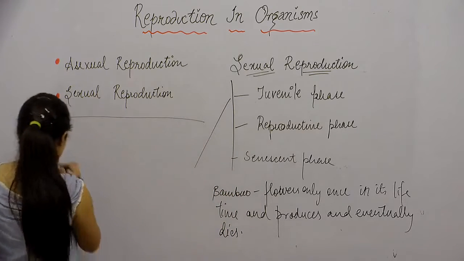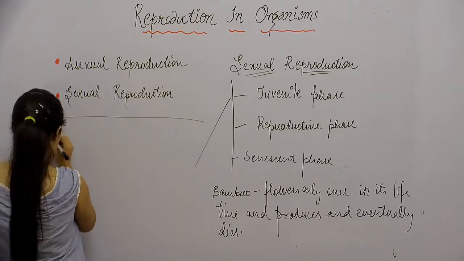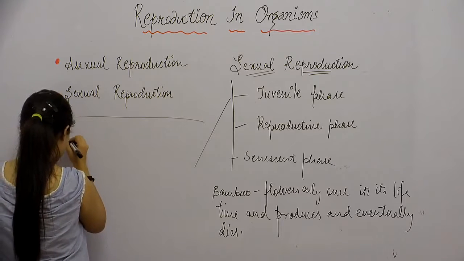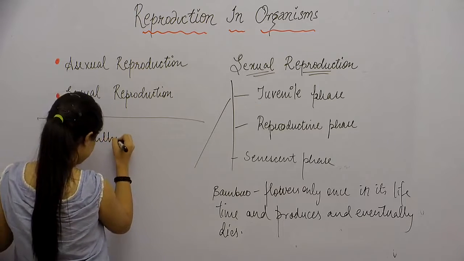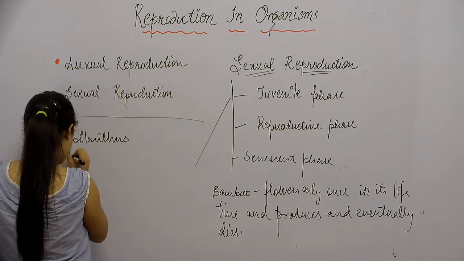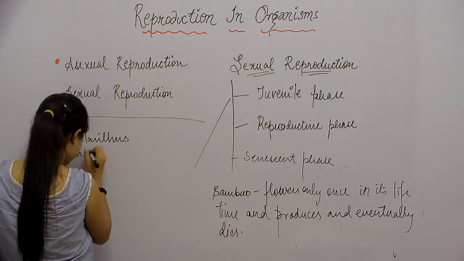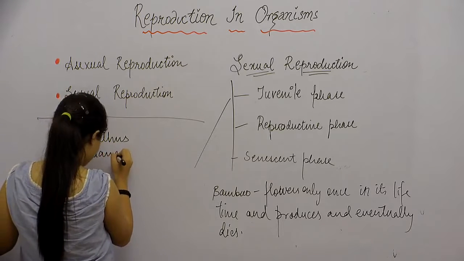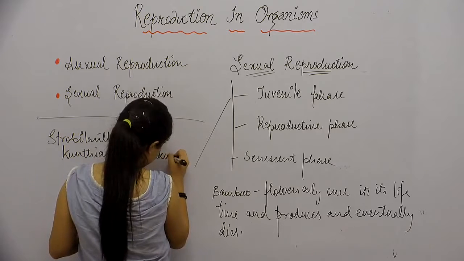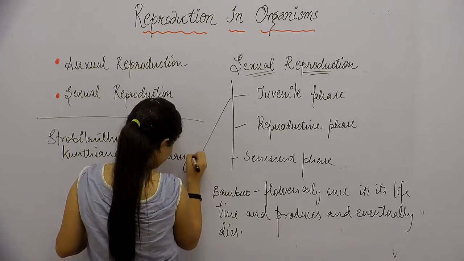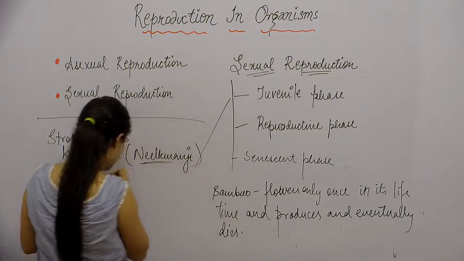Similar is the case in Strobilanthus kunthiana. It is also commonly known as Neel Kuranji. It's known as Neel Kuranji because of its blue flowers.